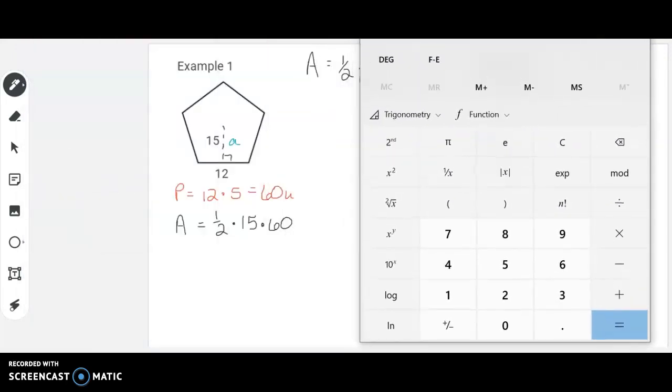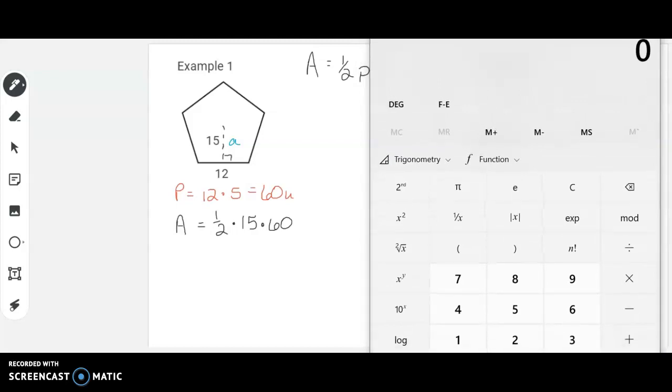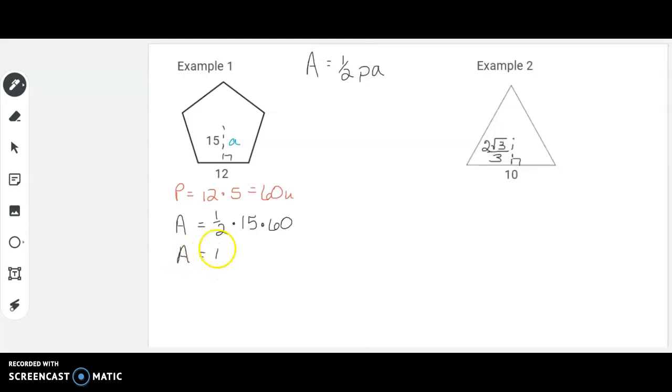I'm going to put 0.5 times 15 times 60. That gives me 450, so use your calculator. It's equal to 450 units squared.